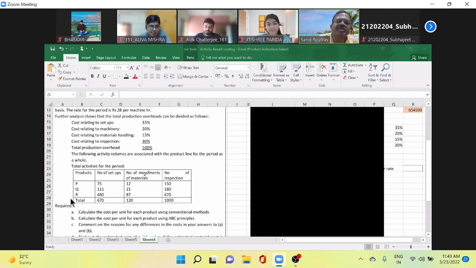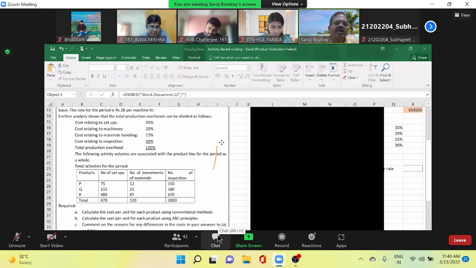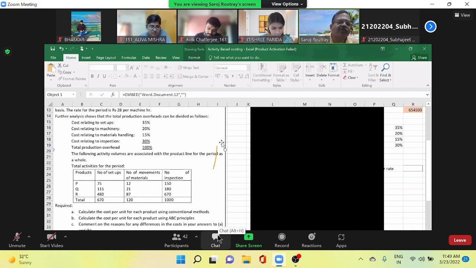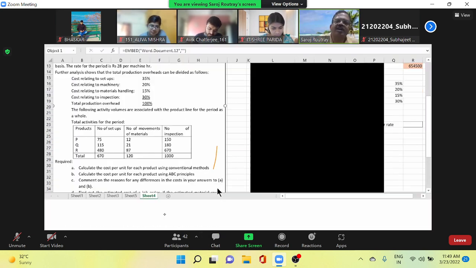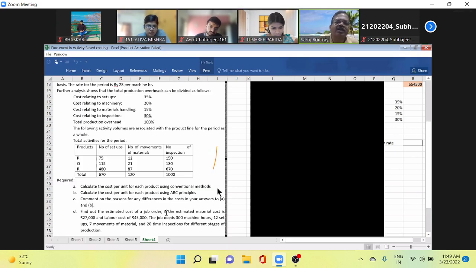What are the questions asked in this question? What are the points asked? The first point is calculate the cost using conventional method of costing. Okay, conventional method. Second, using activity-based costing. Third, the reason for any difference in the cost in your answers.